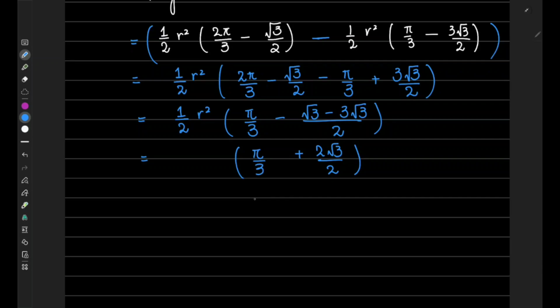Then solving it will become pi over 3 plus root 3 times half r square, or we can say r square times pi over 6 plus root 3 over 2.